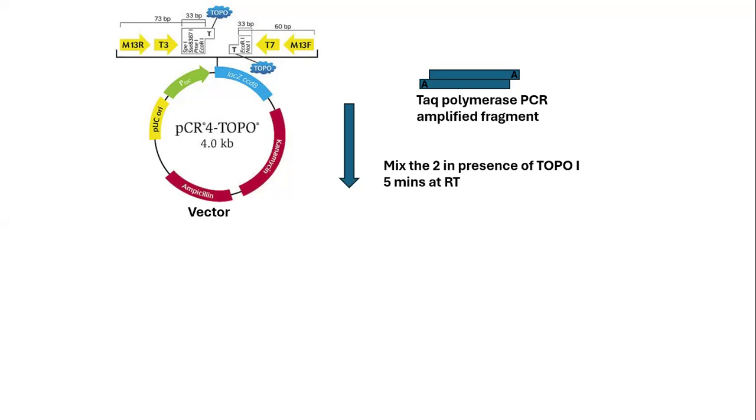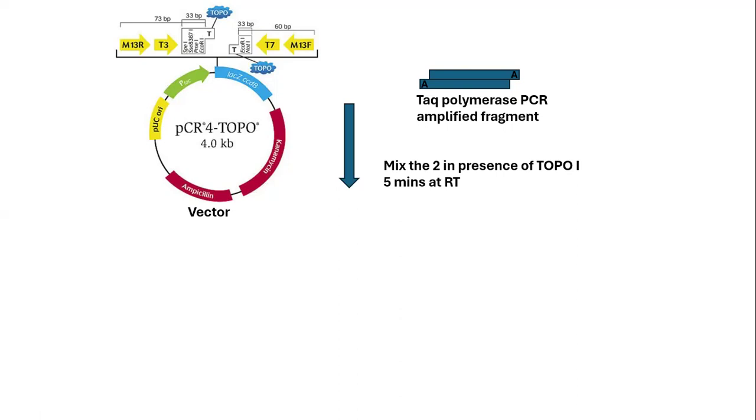Taq polymerase has a property that towards the 3' end it will automatically add one adenine residue during extension, and the addition of this adenine residue is in a non-template based fashion, and this will lead to generation of a terminal adenine overhang in both strands. Now you can observe that these adenines and the thymine residues are complementary with each other.